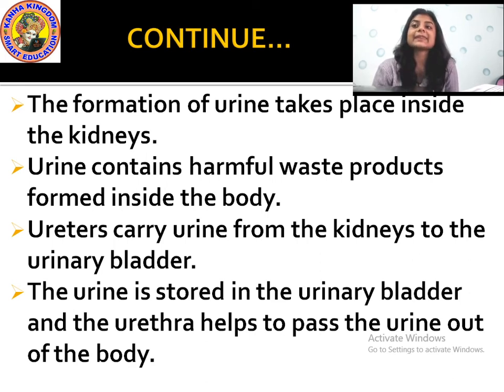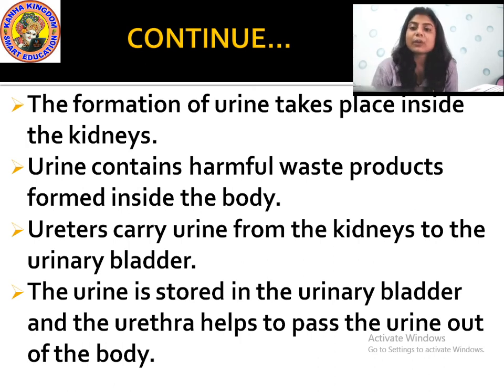What does the excretory system consist of? It consists of a pair of kidneys, a urinary bladder, a pair of tubes called ureters connected to the urinary bladder, and a urethra.